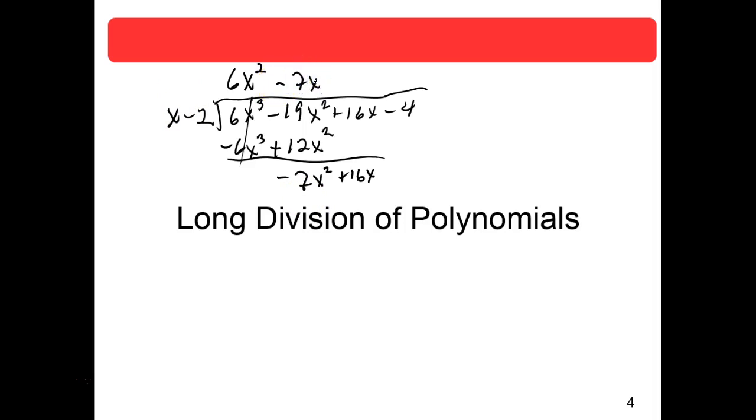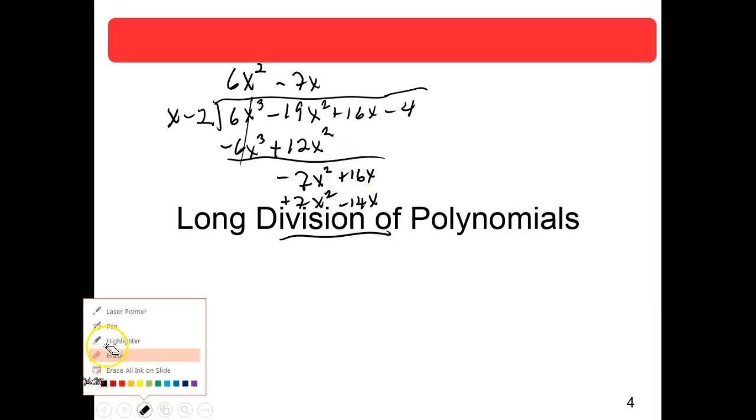And then what do we do? Multiply. Minus 7x times x is minus 7x squared. And then minus 7x times minus 2 is plus 14x. Now I'm going to change signs and add. The sad part is I have to erase that minus to make it plus to make it a minus here. So I'm going to add now.